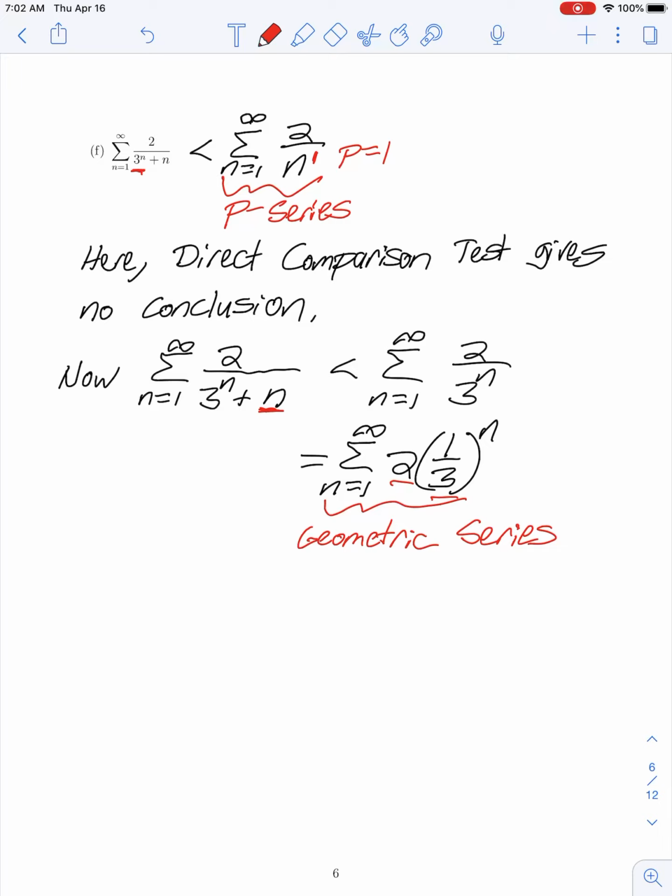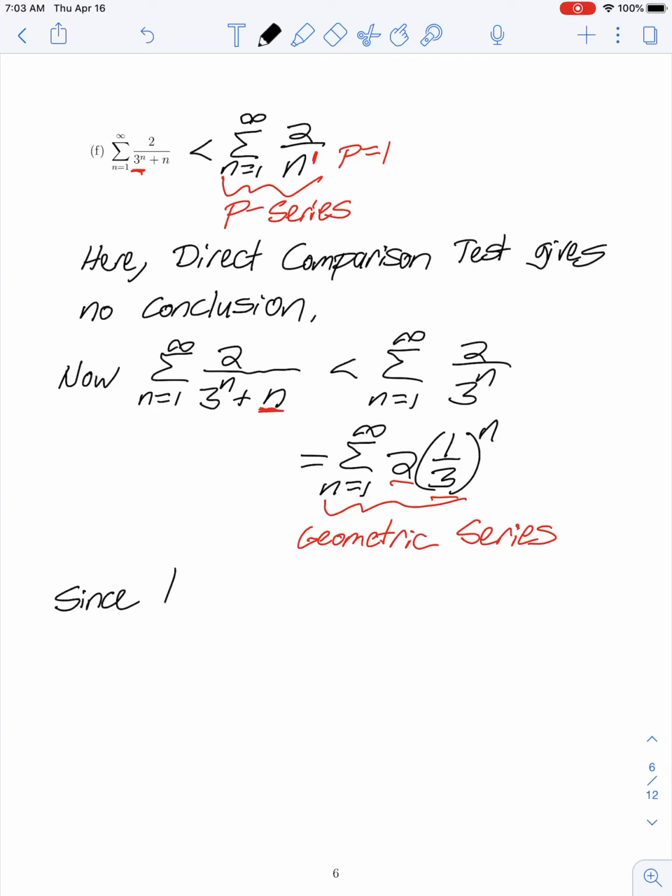Now recall, for geometric series, to determine convergence or divergence, we look at the absolute value of the ratio. And in this example, our ratio is 1/3, which is less than 1.